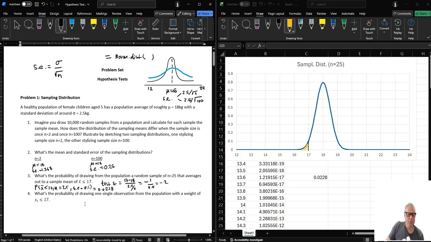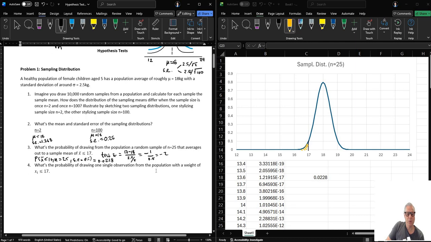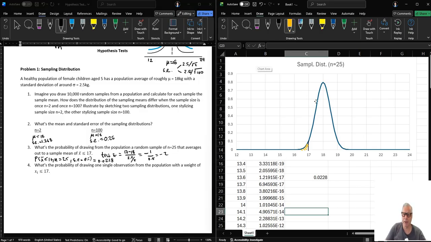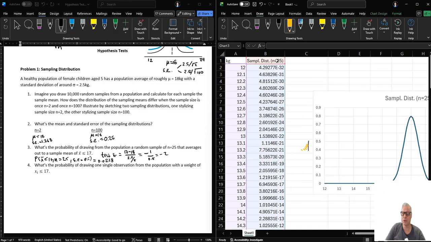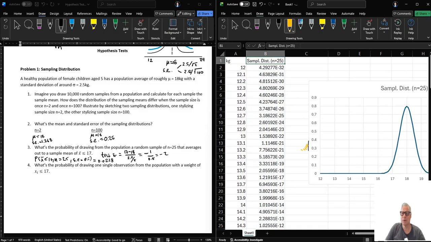Okay, so what's the probability of drawing one single observation from the population with a weight of 17? So I'm not looking at the sampling distribution, I'm actually looking at the distribution as it is, at the population distribution. So that means, you know, the n is actually 1, right?